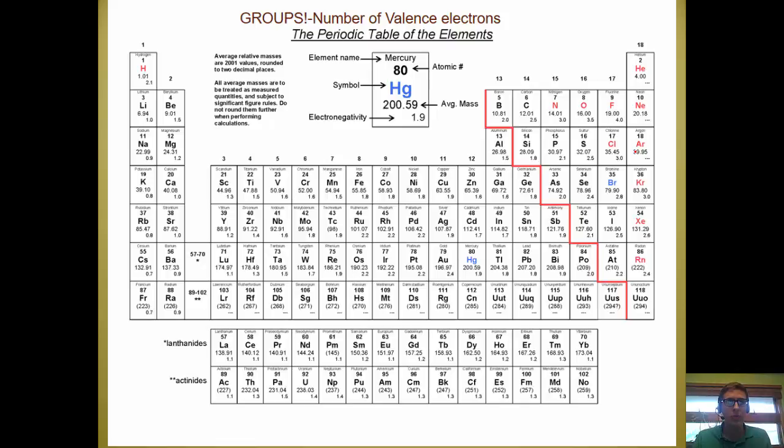So, groups. Groups go up and down. So, major groups are 1, 2, 13, 14, 15, 16, 17, and 18. And that's important because it helps you predict number of valence electrons. Group 1 has 1 valence electron. Group 2 has 2 valence electrons.